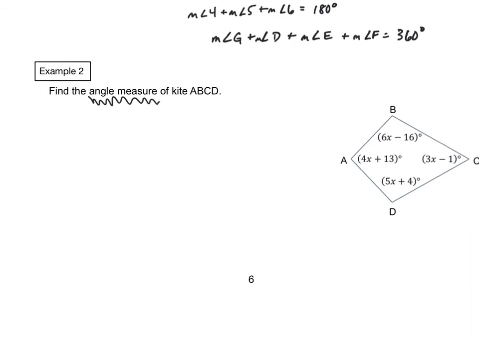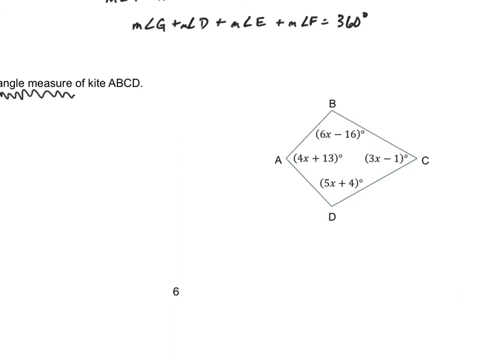Well, looking at this kite, I know that angle A plus angle B plus angle C plus angle D equals 360 degrees. If I know that those four angle measurements together equal 360 degrees, what I can do now is I can do some substitution.